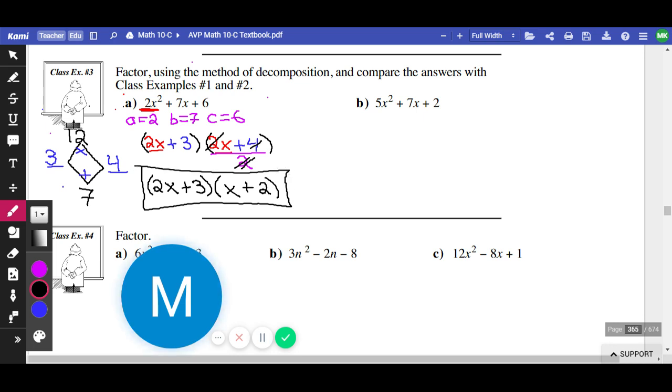And if you're ever unsure, you could multiply these back together, and you should get the original equation. Or you could verify your solution, which means if you change the letter x to be like the number 2, and put this in your calculator with numbers instead of letters, it should equal the same thing as the original question if you change x to be 2 as well.